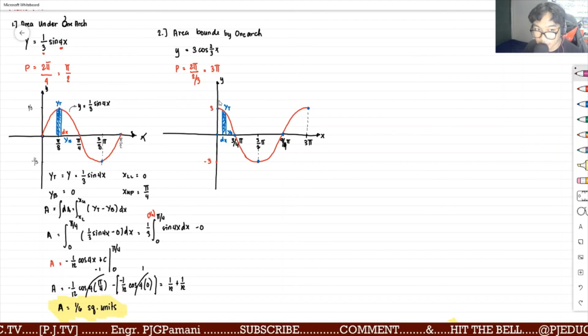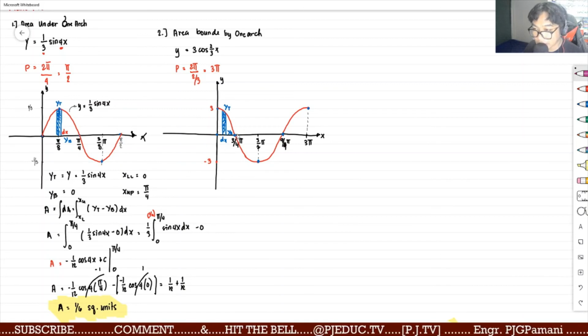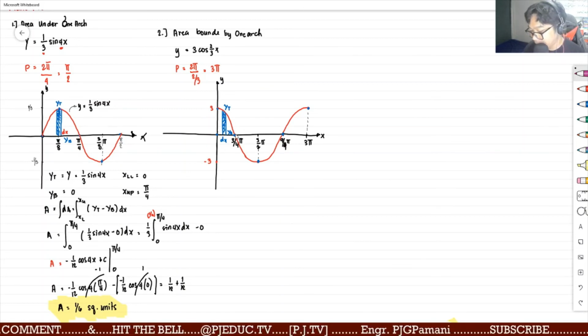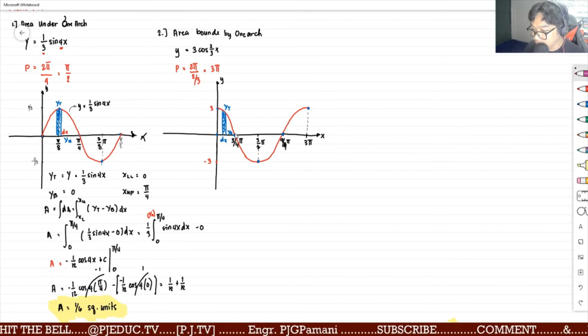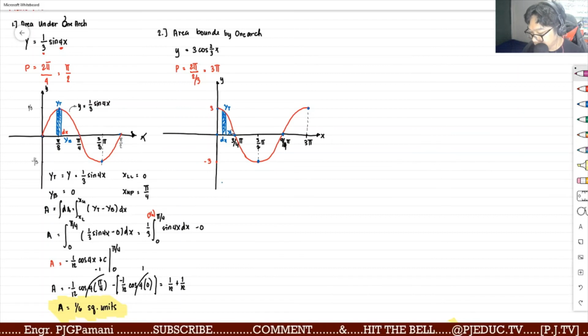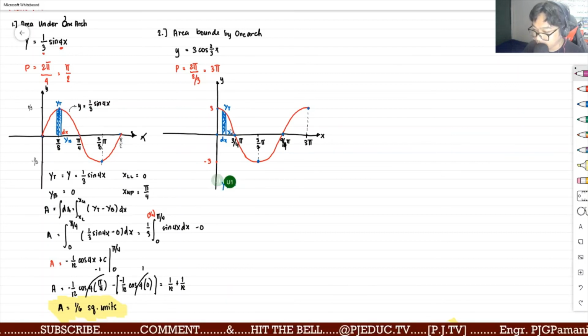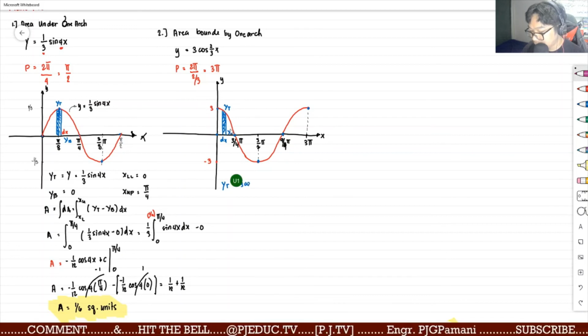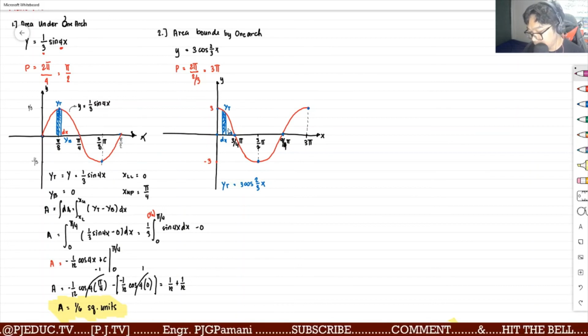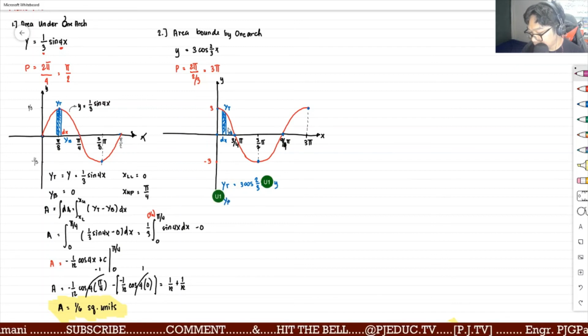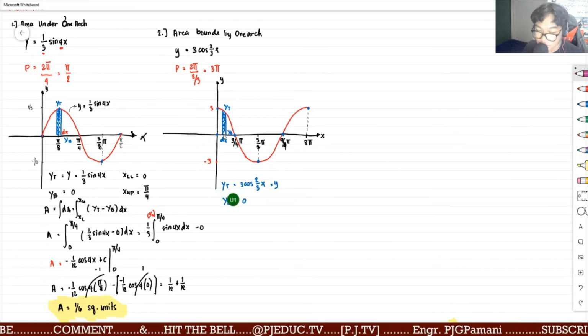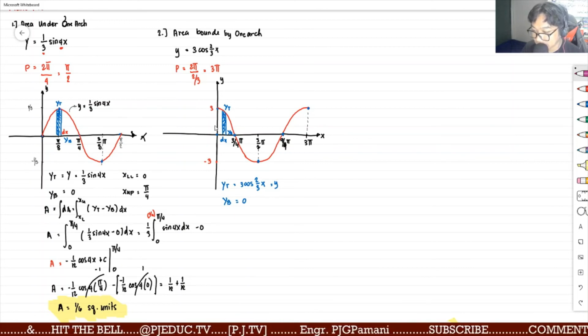So alam niyo na by looking at the assumed strip, alam niyo na yung inyong upper and lower limit, as well as your y top value and your y bottom. Y top, strip nung ating curve, right? That is 3 cosine 2/3 of x, which is simply equal y. Is also your y, right? Then y bottom is simply equal. Andun naman siya sa horizontal axis. Okay?